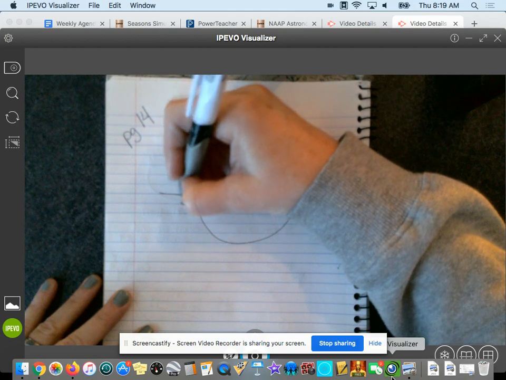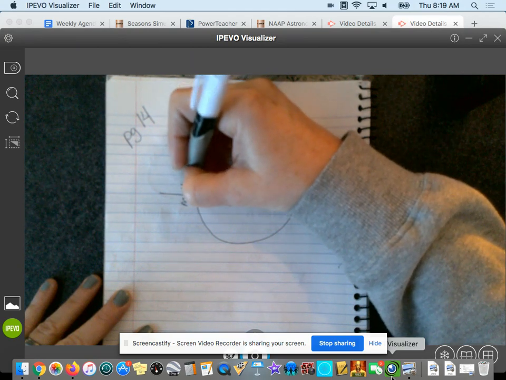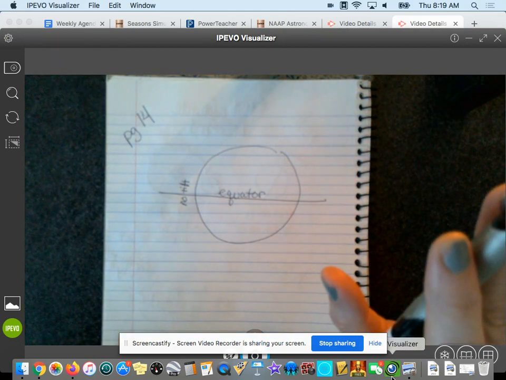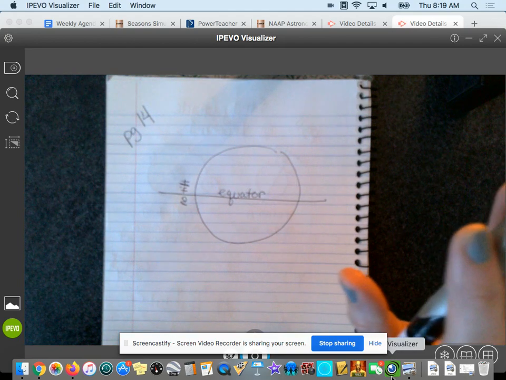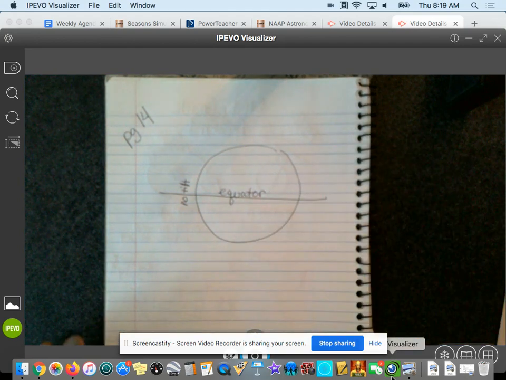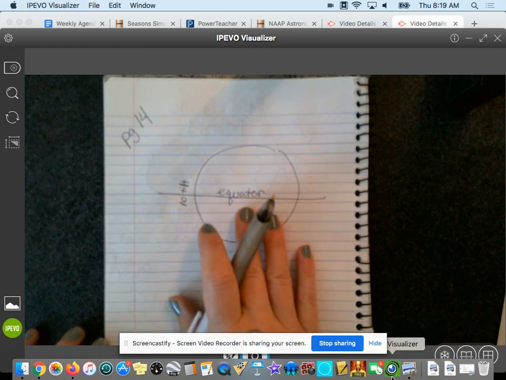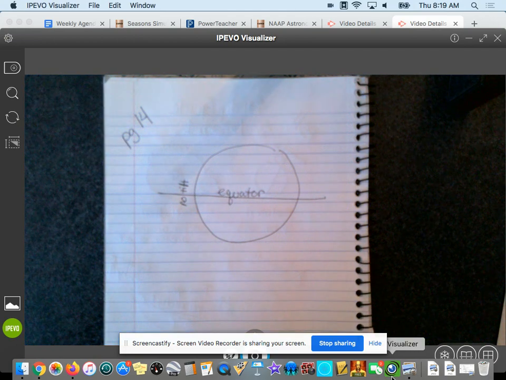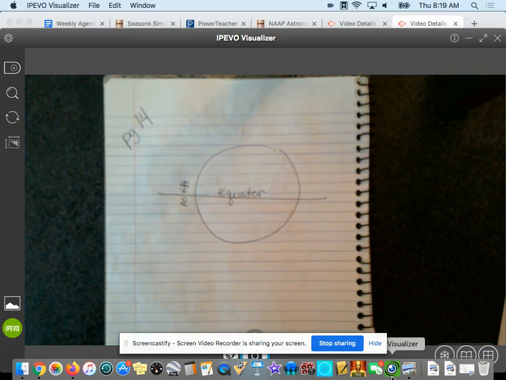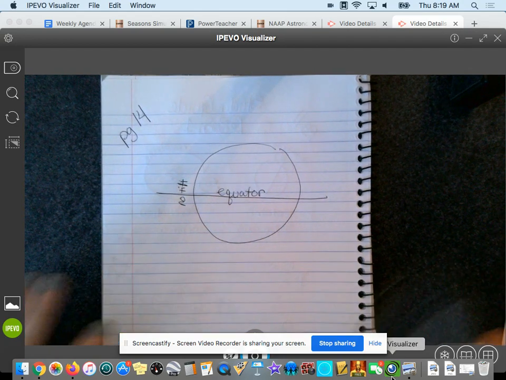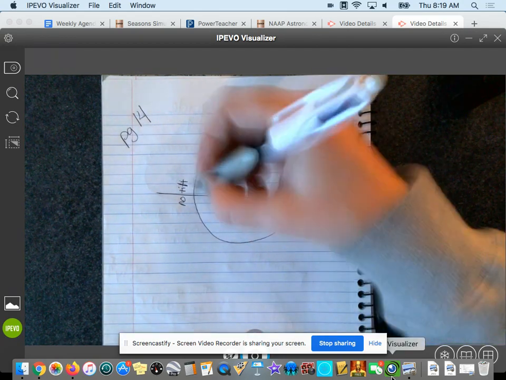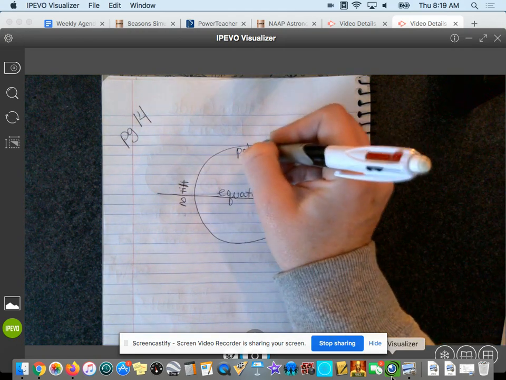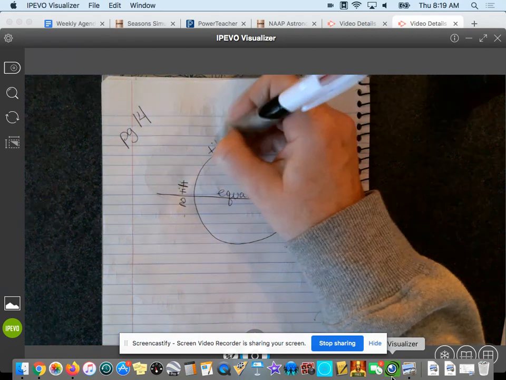And this would be like no tilt on the equator. Okay, there we go. So the equator is kind of like no tilt, and at the poles, the curve of the Earth is analogous to a tilt.